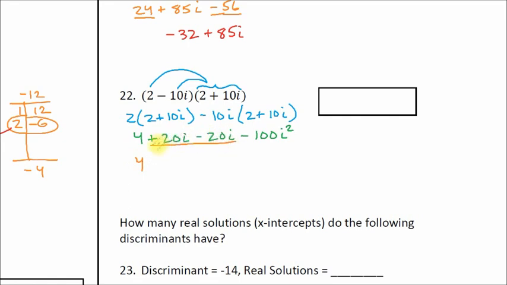Here's that situation where these two terms cancel each other out. Our imaginary term drops out, and the i squared is negative 1. Negative 1 flips the sign of the negative 100 and changes it to positive 100. And our final solution is, whoops, it's not 400, it's 104. So this one actually just turns into a real number, 104.